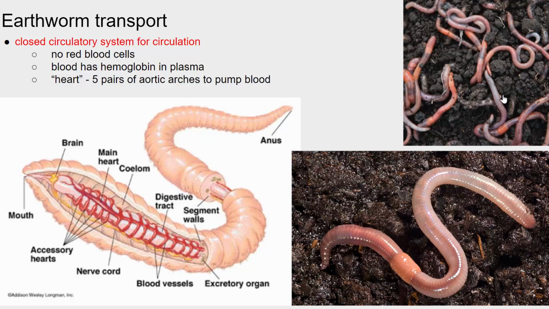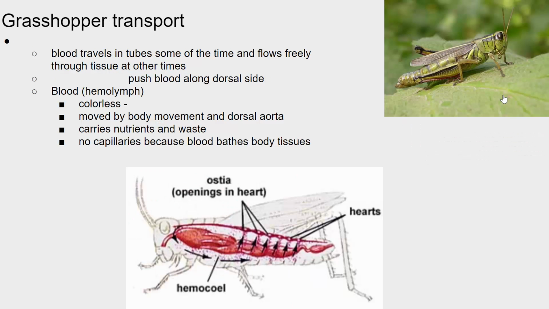Their hemoglobin is just in the plasma of the blood, and that's what's holding oxygen. They don't have those red blood cells that we think most other animals have. Still, their blood carries oxygen and nutrients and distributes it to different parts of the organism.